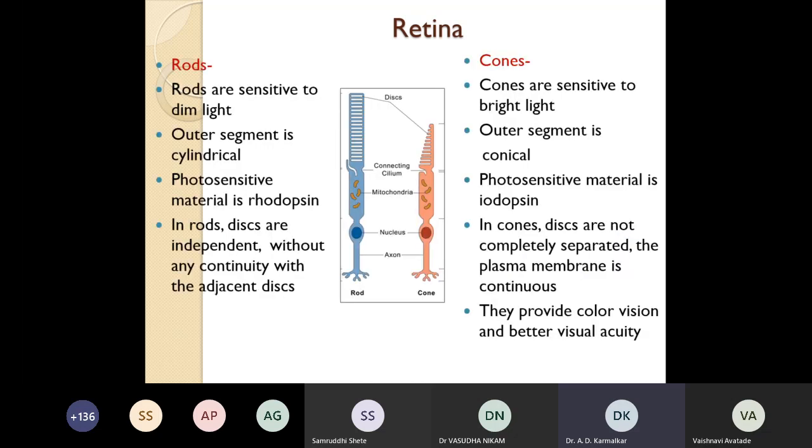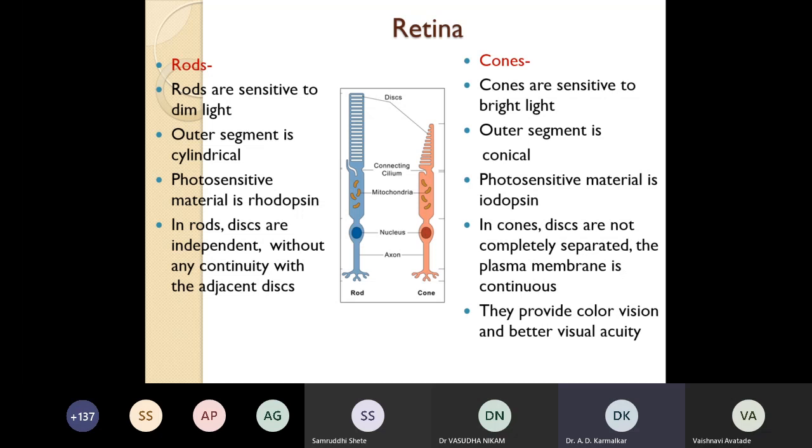So this is a comparative diagram to differentiate between the rods and cones. The rods are sensitive to dim light, while the cones are sensitive to bright light. The outer segment is cylindrical in the rods, while it is conical in the cones. The photosensitive material present in the membrane bound disc is rhodopsin in the rods, while it is iodopsin in the cones.